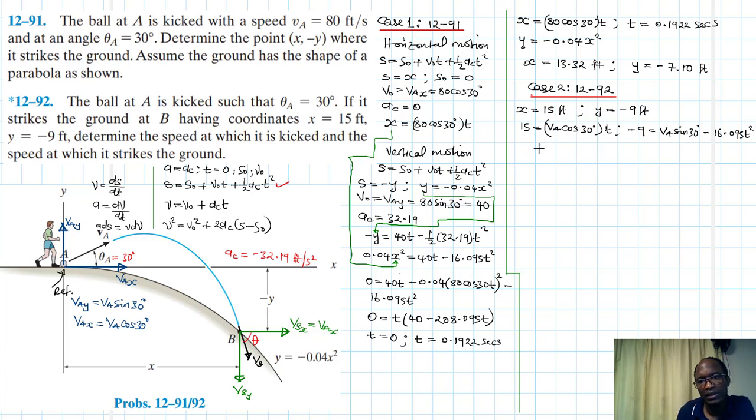Alright, I'll make VA the subject of the formula here. VA is equal to 15 divided by t cos 30. So I'll replace VA here.